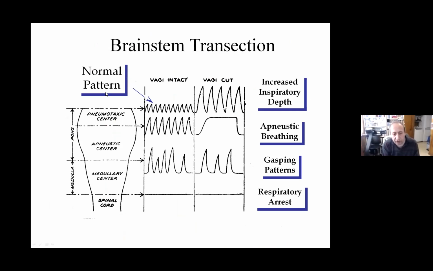Now, in addition to the pons and medulla, there are some other inputs that are involved in regulating the breathing pattern. So the vagus nerve: here you have a column where the vagi, meaning the two vagus nerves, are intact. Here you have the two vagus nerves cut.